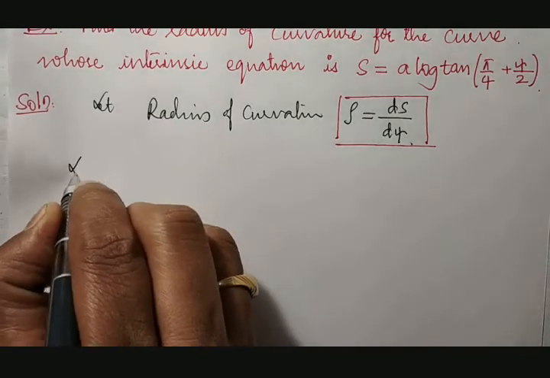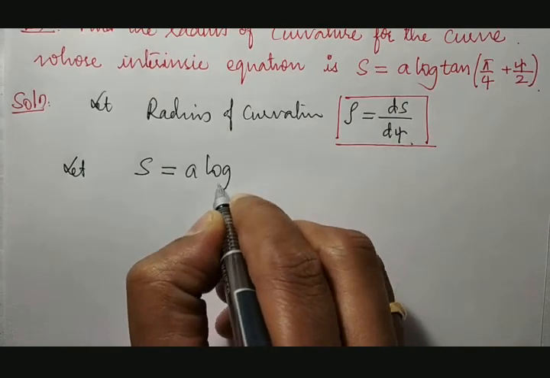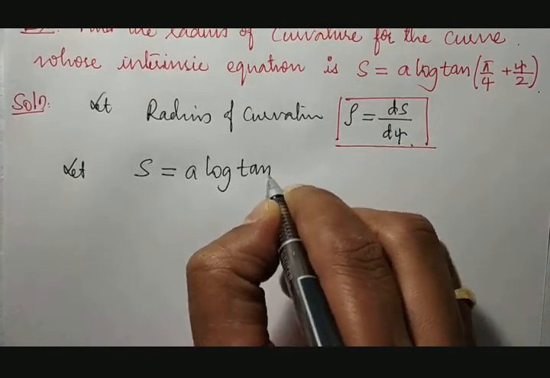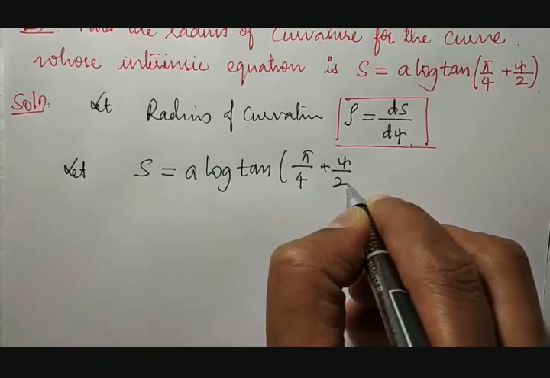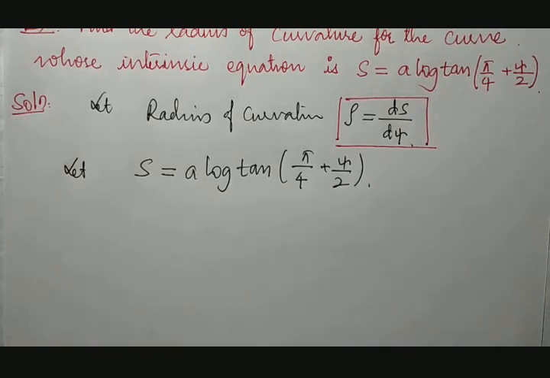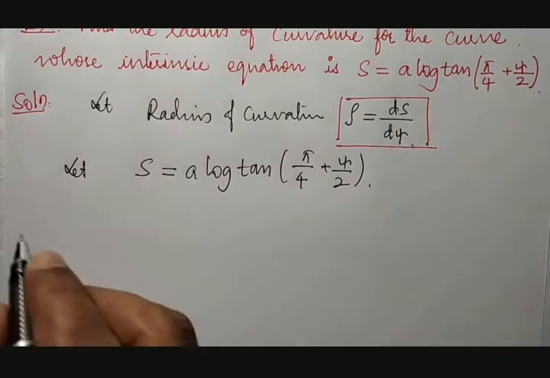Let us consider the given curve s = a log tan(π/4 + ψ/2). Now this has to be differentiated with respect to ψ.